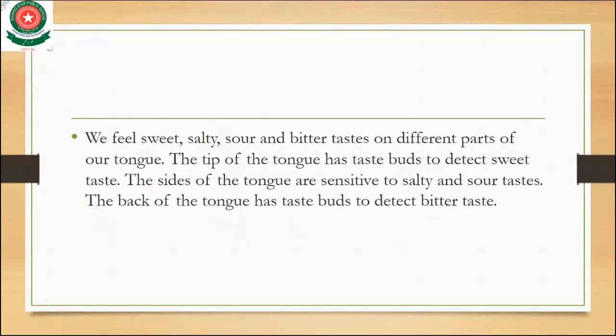You can feel the different flavors, like the salty flavor, sweet flavor, and the bitter taste, on different parts of our tongue. The tip of the tongue has the taste buds to detect the sweet taste.